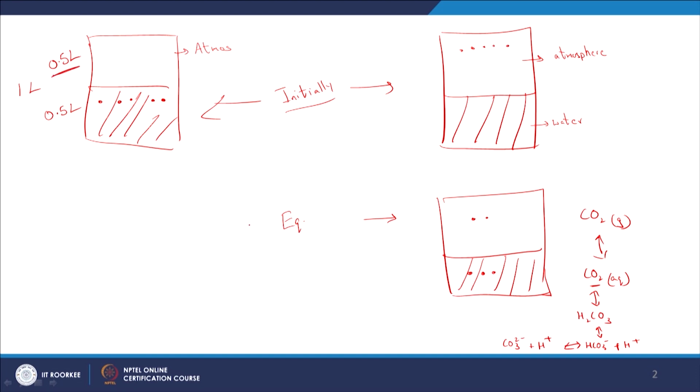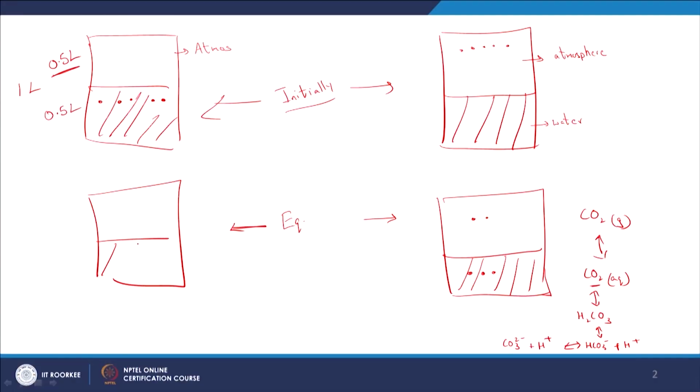So after equilibrium has been achieved, what's going to happen now? This is similar to the case we looked at just earlier when the carbon dioxide moved from the gaseous phase to the aqueous phase, but now we have the inverse, where we have some moles of carbon dioxide in the aqueous phase and none in the gaseous phase.